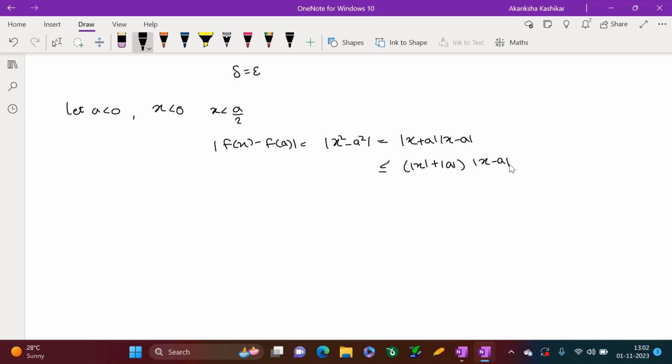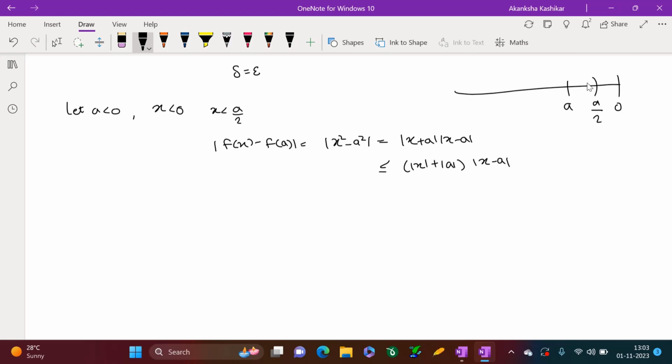Okay, now what can I say about mod x plus mod a? Okay, 0 is somewhere here, a is somewhere here. We already know that a by 2 is somewhere here. Okay, and we know that x cannot go beyond this. We know that delta is less.